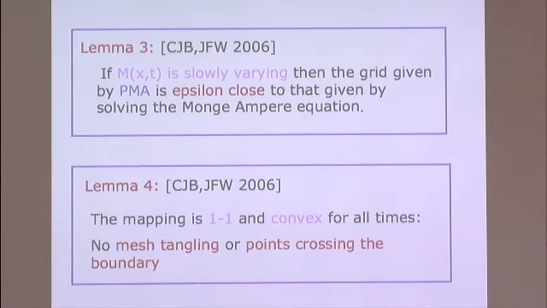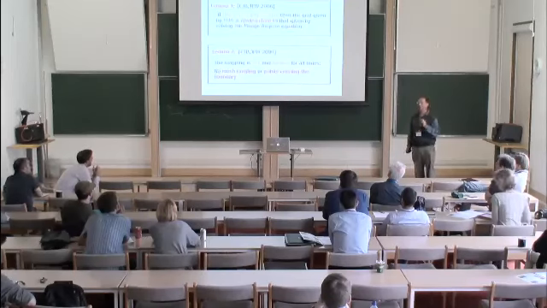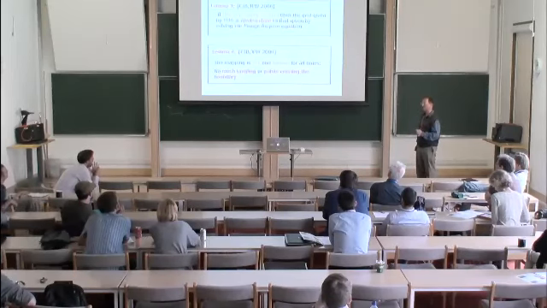This is the really important theorem. This is the one which took forever to prove. We can rigorously prove that the solutions of that relaxation process always lead to one-to-one mappings from the computational domain to the physical domain. What that means is that you cannot get mesh tangling.